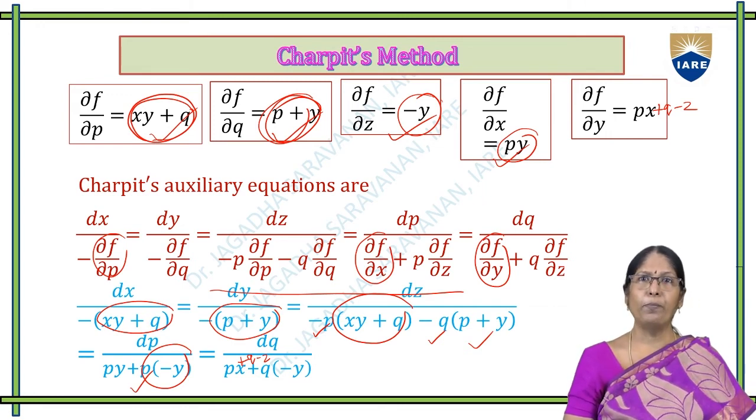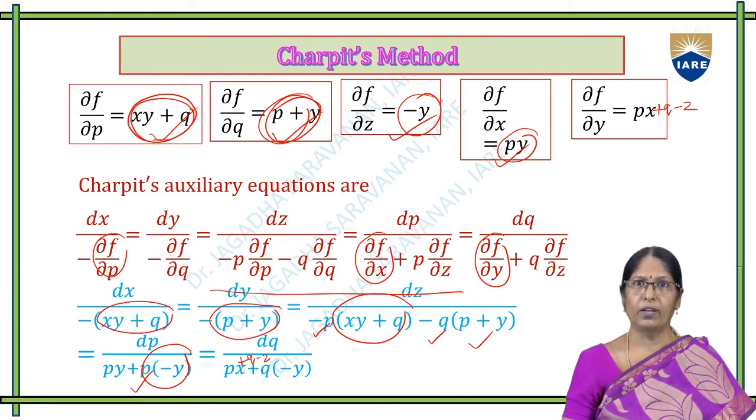So all the 5 members we got, but we notice we have to do the integration. Any assumptions we can take, multiply and divide any variable, but the integration should be very convenient and easier. We are noticing the fourth member.